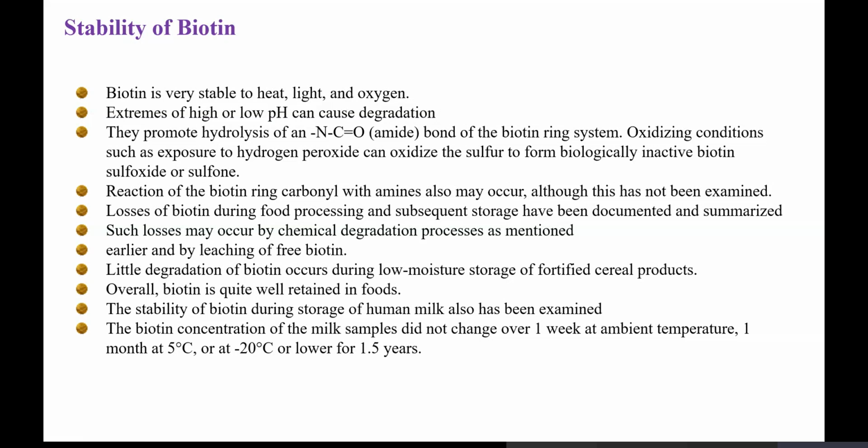Losses of biotin during food processing and storage are documented, and this may be due to chemical degradation and leaching of biotin. Little degradation of biotin also occurs during low moisture storage, particularly in fortified cereal products. Overall, biotin is quite well retained in food.